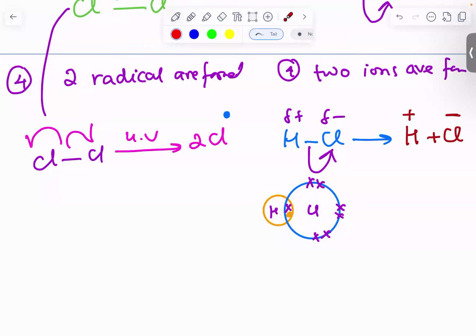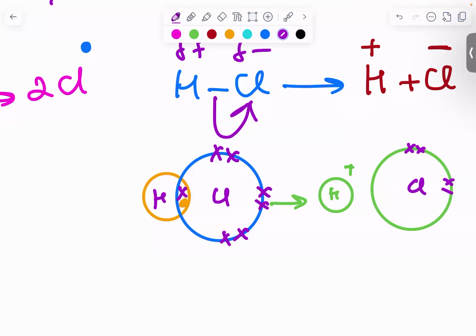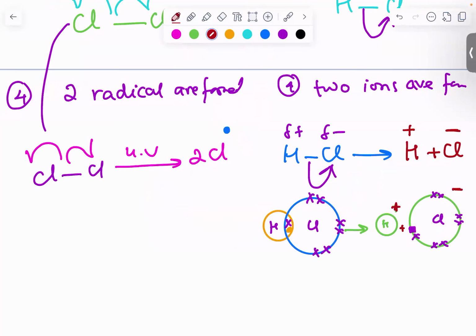So it becomes H positive and Cl negative. Cl has 1, 2, 3, 4, 5, 6, 7, and this is 8, so this is Cl negative. Is it clear? All right. So these are the unpaired electrons.